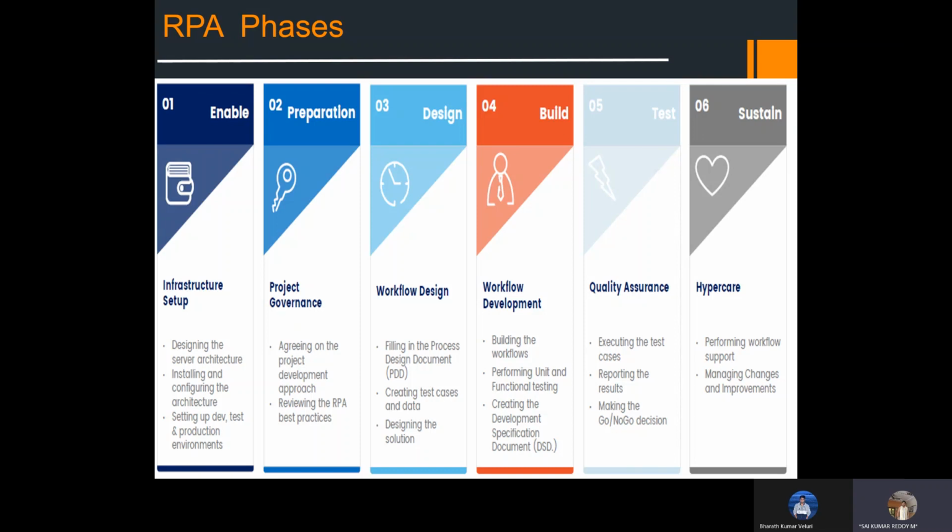So generally the PDD document, process design document, will be done here with the flow diagrams and data flows and step-by-step actions. And at the design phase only we can come up with the test cases. What kind of data, if we pass, what step needs to be performed.